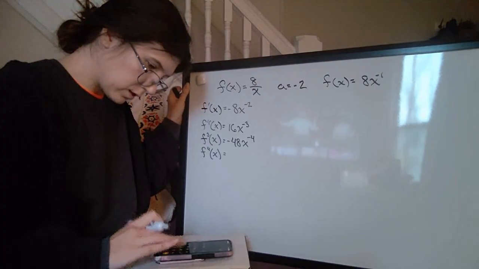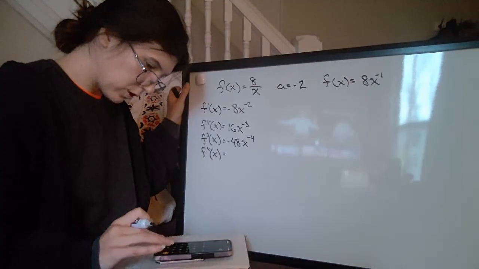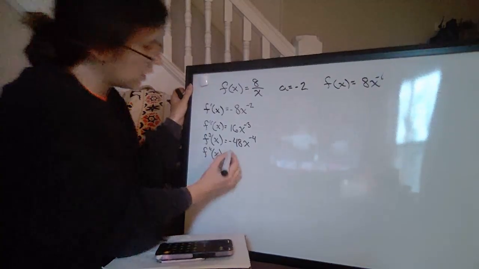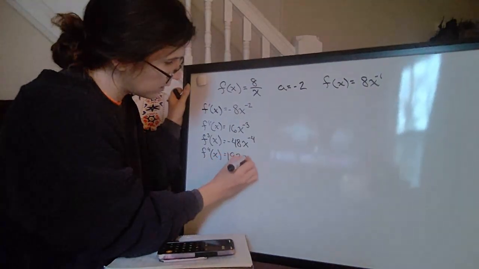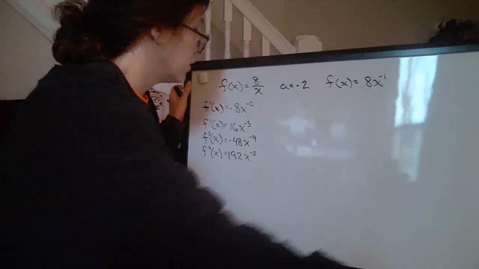I know 16 times 3 equals 48, but I'll just double check. And then 48 times 4 is 192, positive 192x to the -5. Okie dokie.